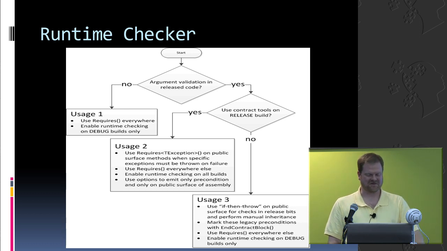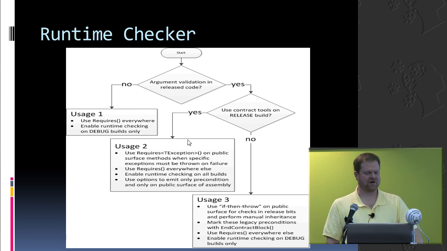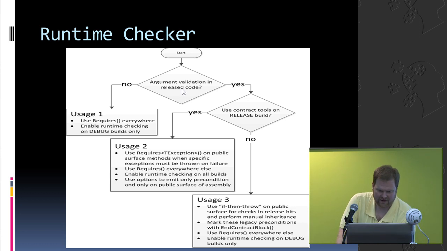Okay, the runtime checker. As I was going through some of the blogs and some of the documentation for the code contracts, I came across this nice little flow chart, so I thought I would include it in our presentation. What it helps you do is, basically that Requires<TException> seems to throw in that little stipulation that you have to have the runtime checker turned on.